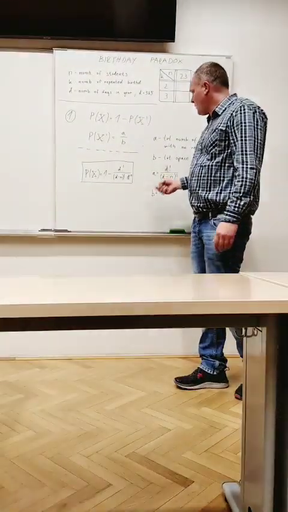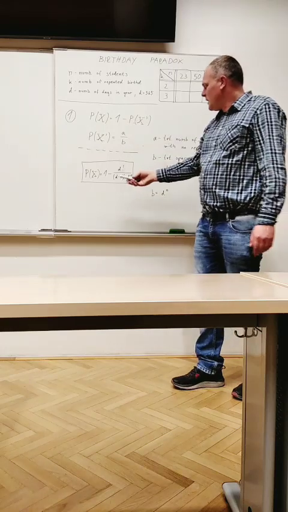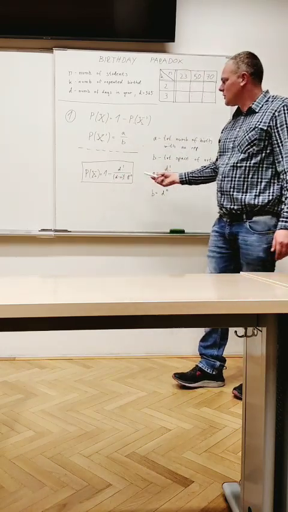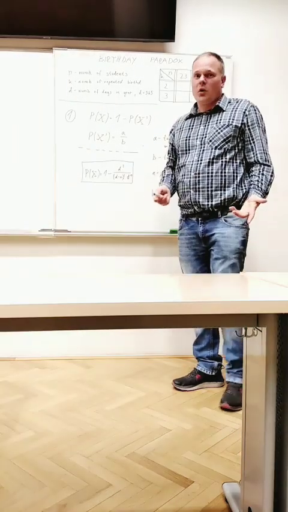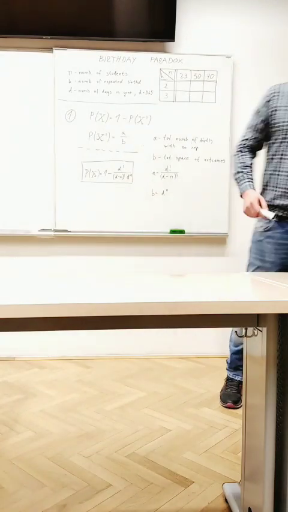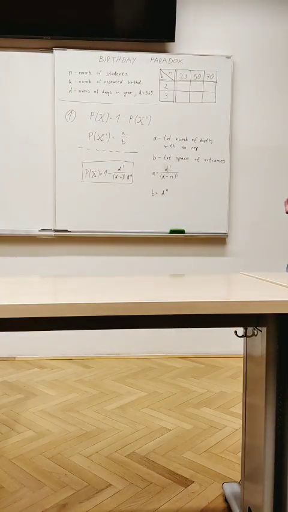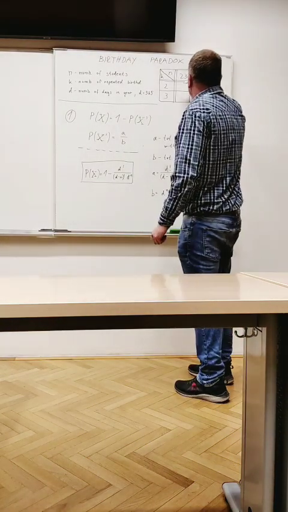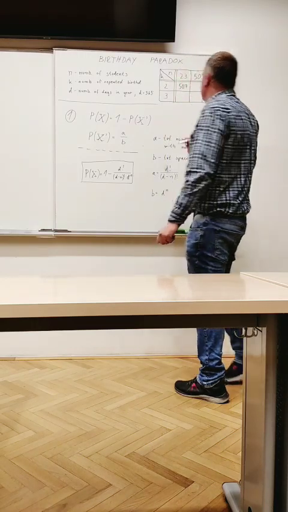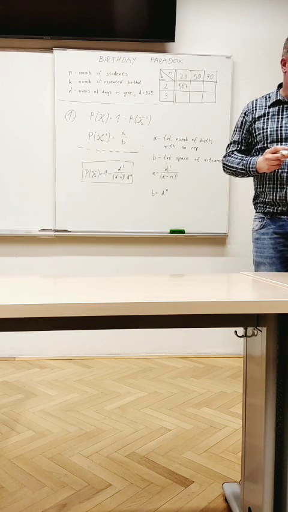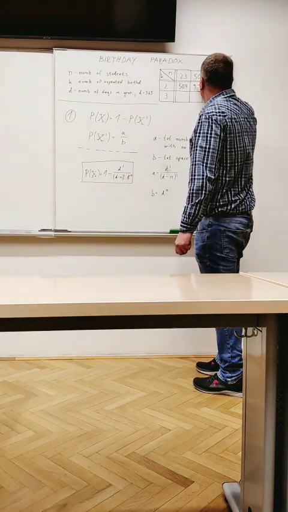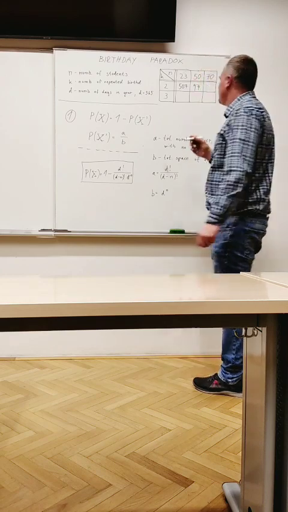Inserting these 2 values in the formula above, we get this result for the probability, you see here, and this is valid only if 2 students have a birthday on the same day. And the values I have calculated are, for 23 people, a 50.7% chance that 2 share the birthday on the same day. Then for 50 people, this number is already 97%.